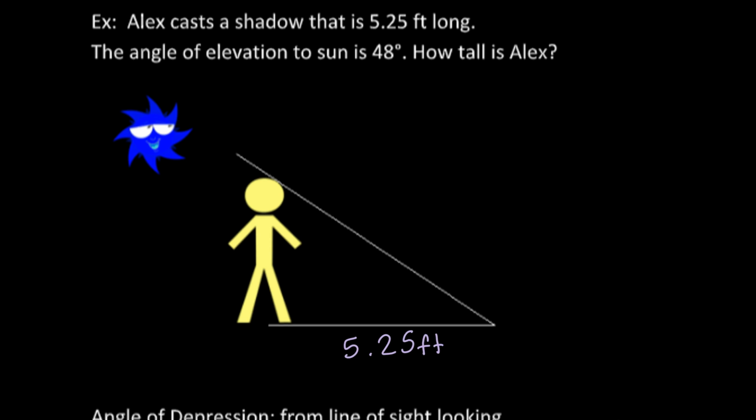And then it says the angle of elevation is 48 degrees. Where is that angle of elevation in this picture? On the right. Yes, you're starting at your line of sight going upwards. This is our angle of elevation, with it being 48 degrees.